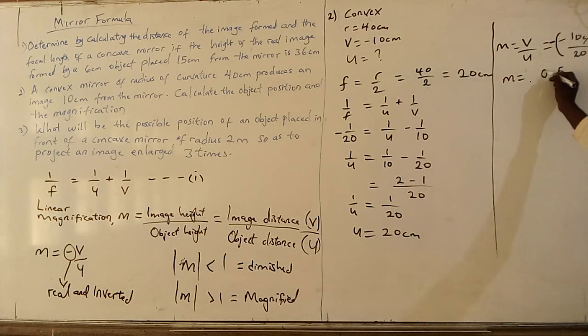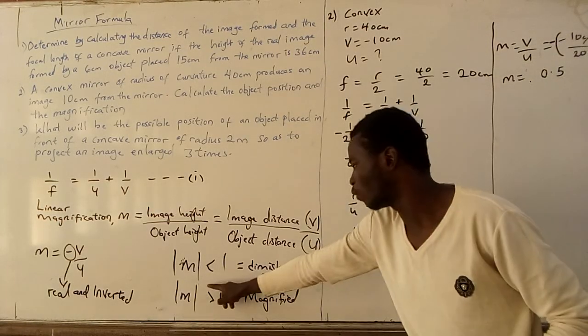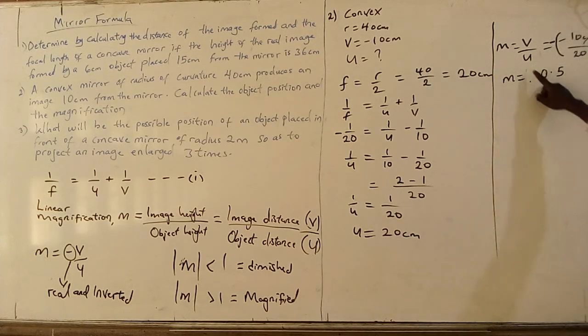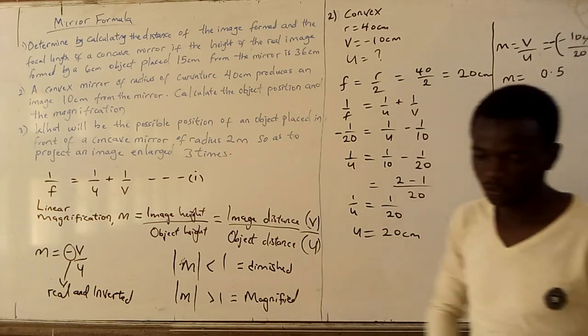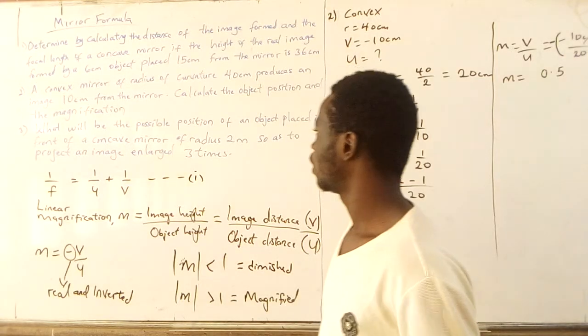The positive shows that the image formed is virtual and it is diminished. The absolute value of M is less than 1, which shows the image is diminished, that is, it is smaller than the object. So that's all for this problem.